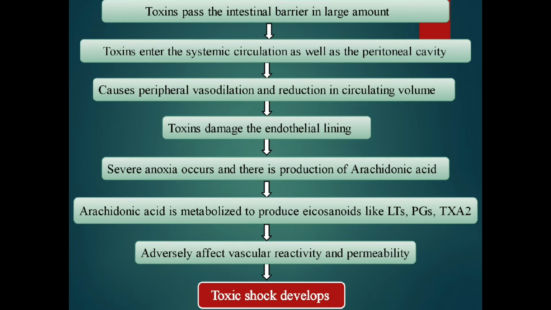The toxin also starts damaging the endothelial lining, and severe anoxia occurs because of it. And there is production of arachidonic acid, which is a precursor for eicosanoids like leukotriene, prostaglandin, thromboxane A2. These are potent vasodilators, and these adversely affect the vascular reactivity and permeability, leading to toxic shock.